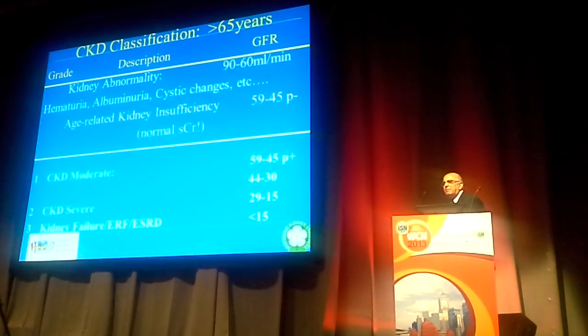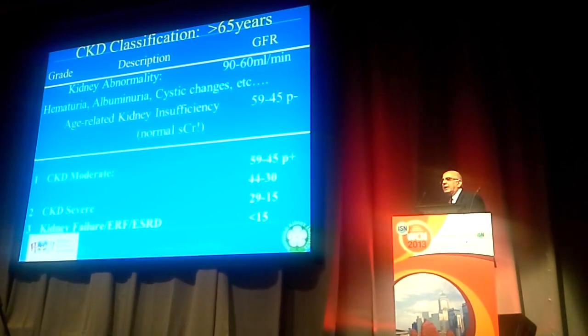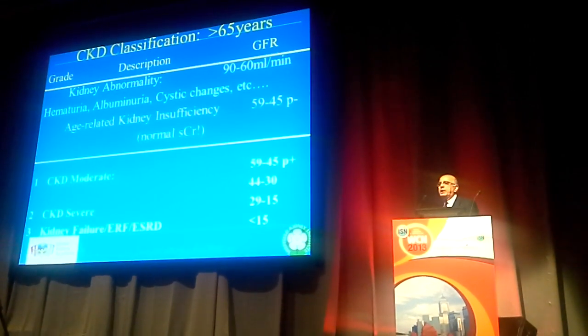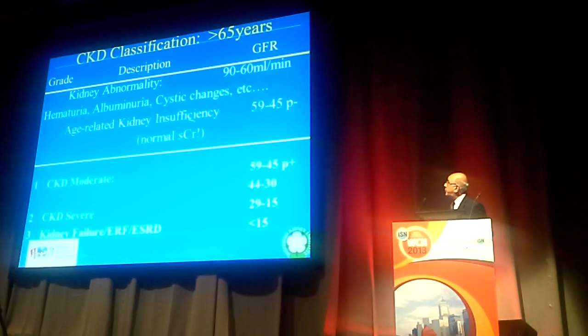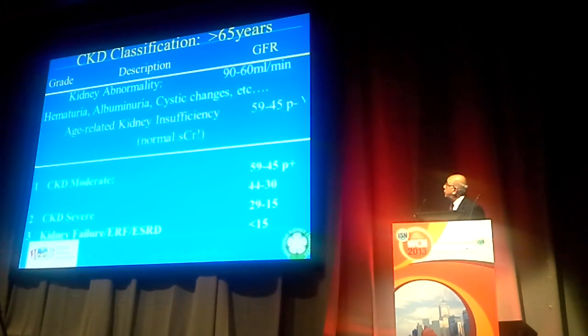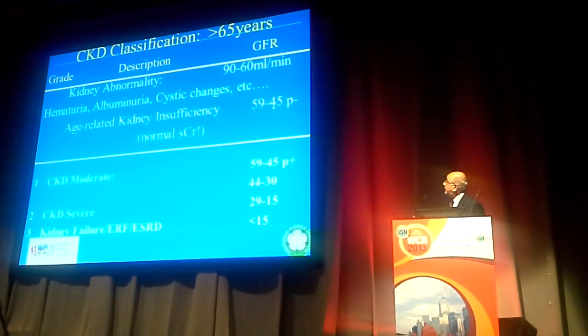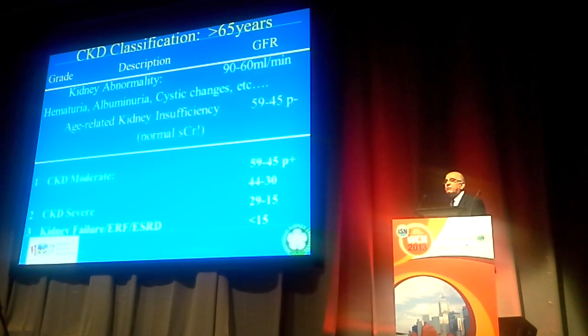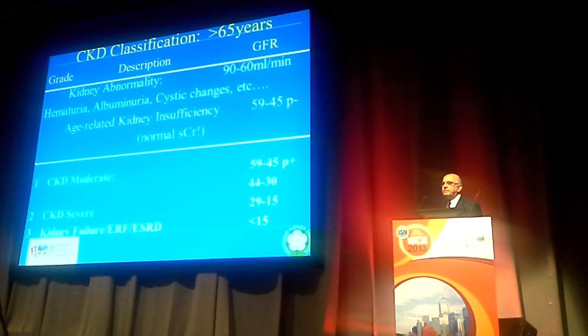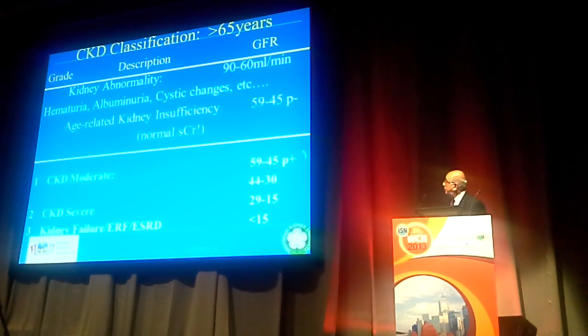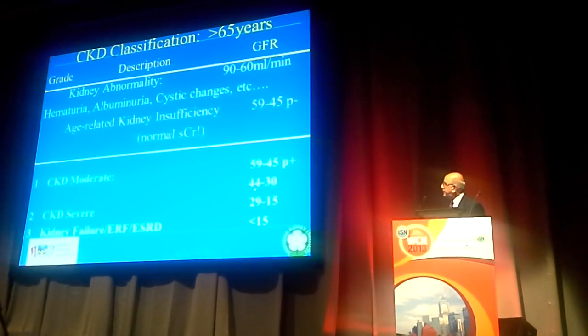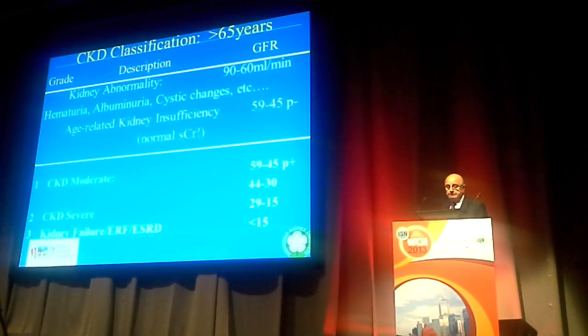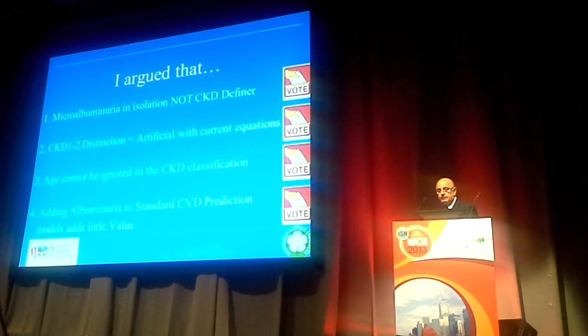So why tell them that they have CKD? Why tell 40% of the population who have normal serum creatinine, no proteinuria, at least by dipstick analysis, that they have chronic kidney disease? So I would put them in this bracket, and the ones with proteinuria will have moderate CKD and then severe and then end stage.